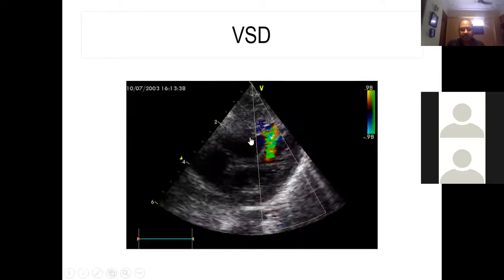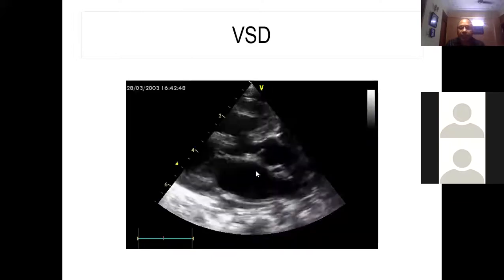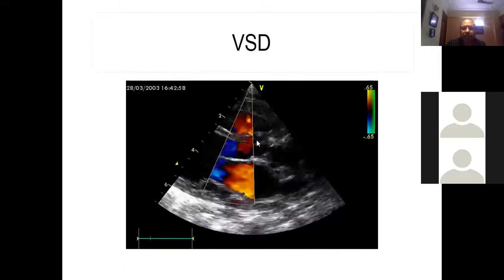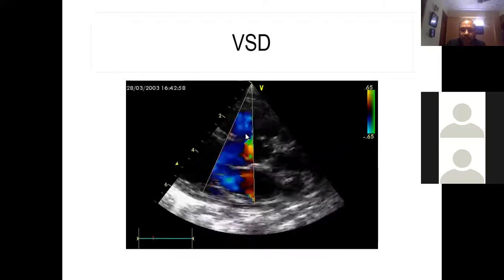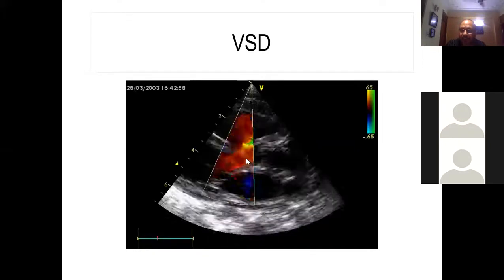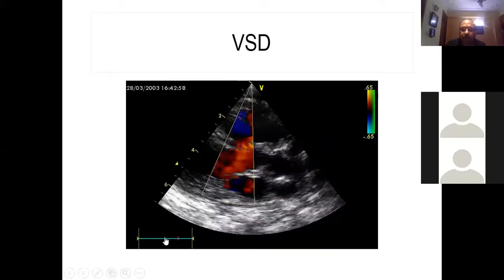Once we have done this, what do we do next? Here is an example. Look at this VSD, which is a perimembranous VSD. If I switch on my colors, look carefully, the blood is flowing between LV to RV and RV to LV. This blue color is seen intermittently over this. I'll try to stop this blue color.